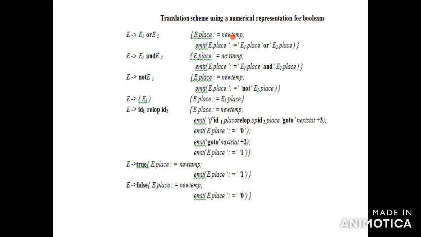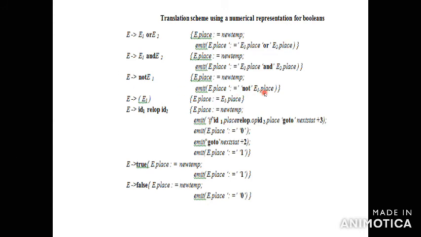So emit E dot place equals E1 dot place or E2 dot place. Then the second one, E1 and E2, the same thing you have to write.